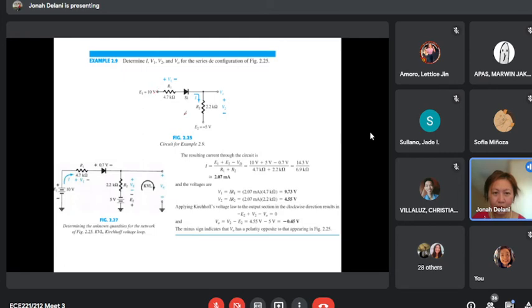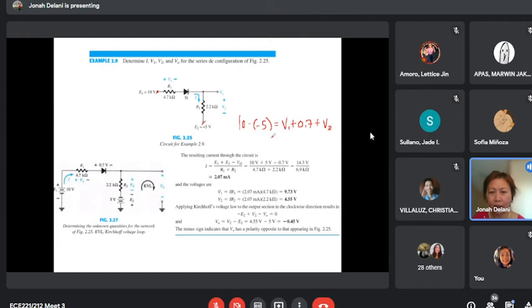The voltage from here to here is 10 minus negative 5, right? Equals the voltages of each: V1, the voltage across the 4.7 K, plus the diode 0.7, plus V2.